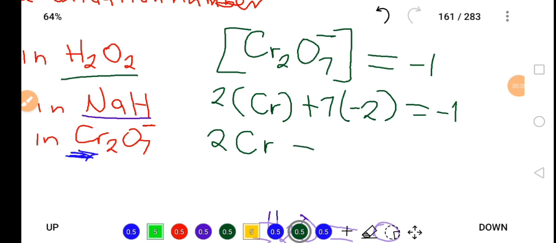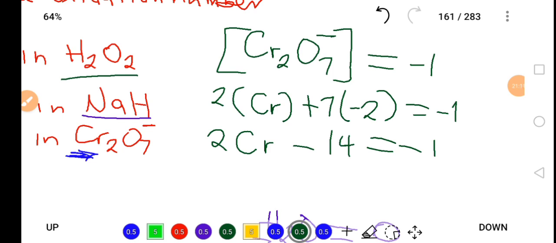7 times -2, you get -14, which will be equivalent to what? Which will be equivalent to -1. Oh, pardon me, I think I made a mistake.